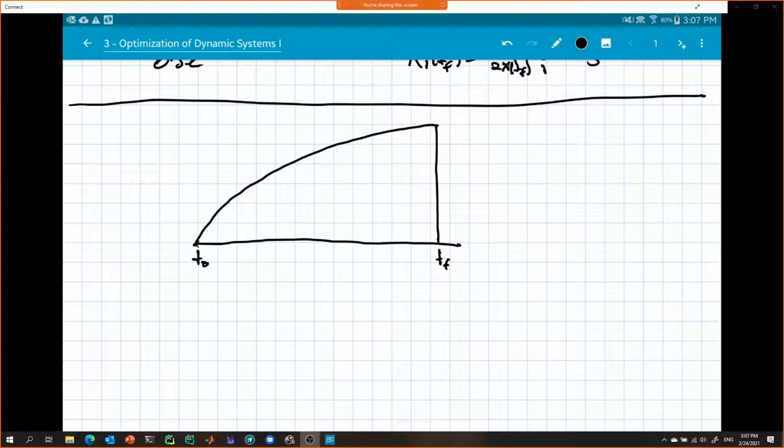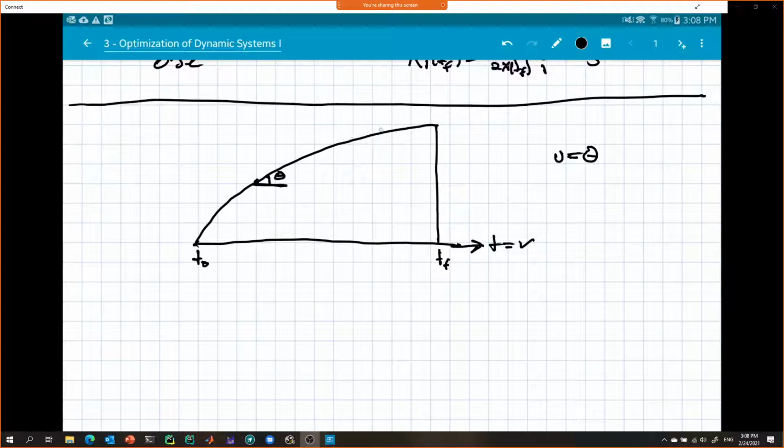Then we specify along this at any point some angle theta, and we say u is equal to theta here.